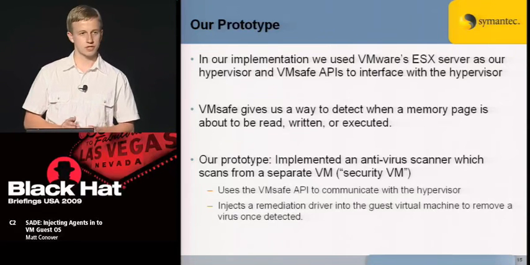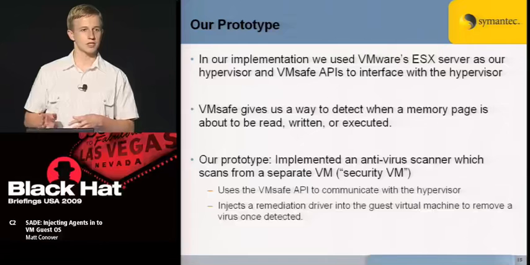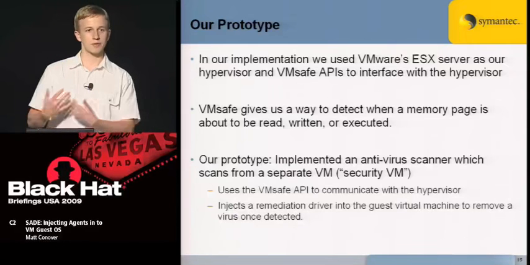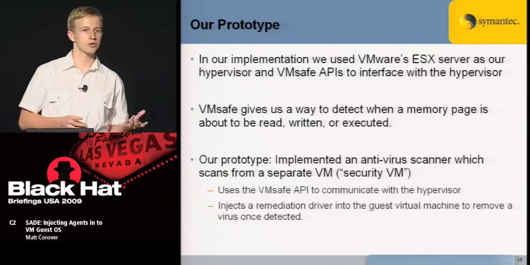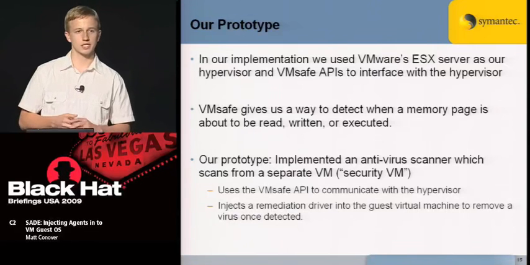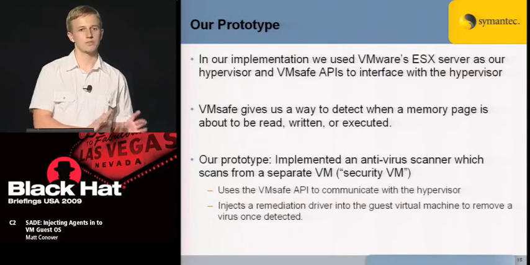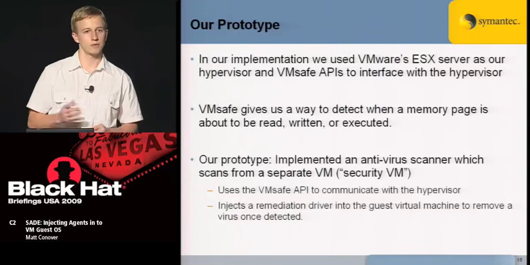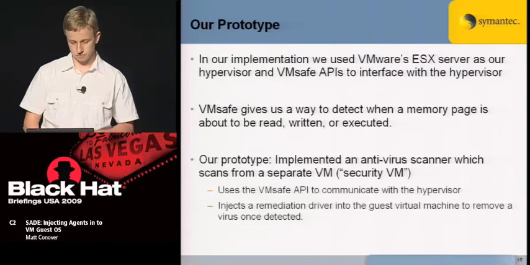The only thing I want to mention is that these APIs cannot be used by any virtual machine. In case you're wondering, if I'm able to use this to inject code into another virtual machine, why can't a malware do it? The basic idea is that these APIs can only be used from the security VM, and this VM should only be used for this purpose. You wouldn't be running network services or other things that would make the machine vulnerable.